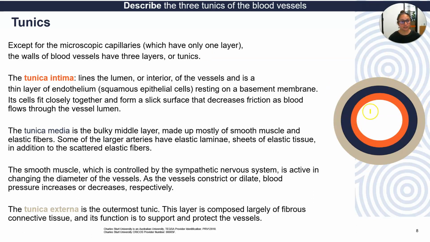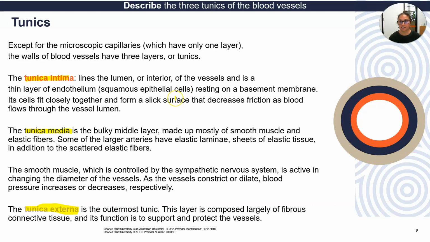There are 3 tunics, and I've made a picture here for you so you can understand. The tunica intima, which is this orange one here. So this is the inside of the blood vessel. This is the outside. The tunica media, which is the middle layer here in blue. And the tunica externa, which is the outermost layer.